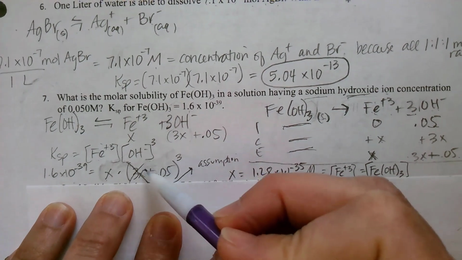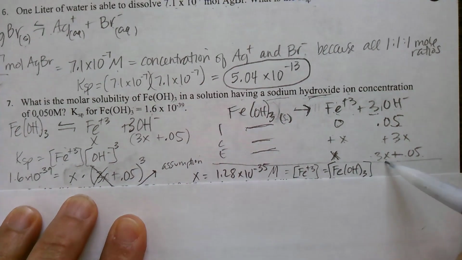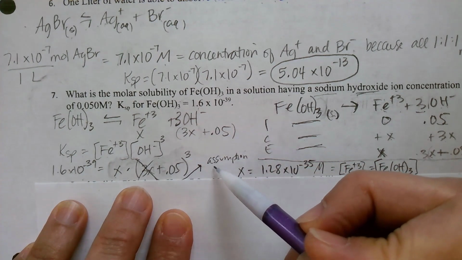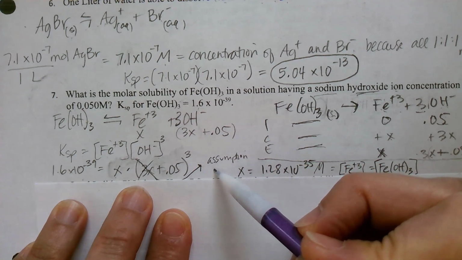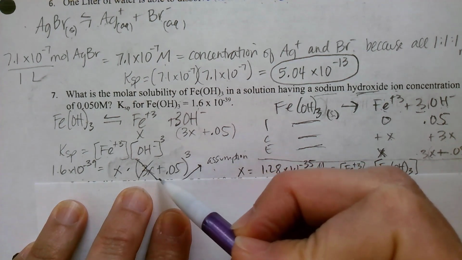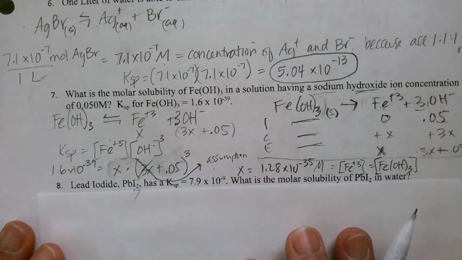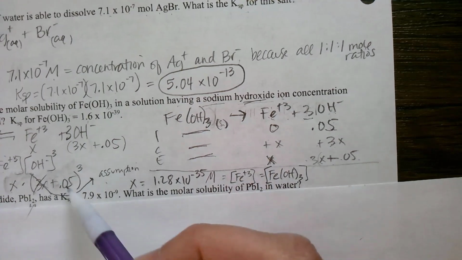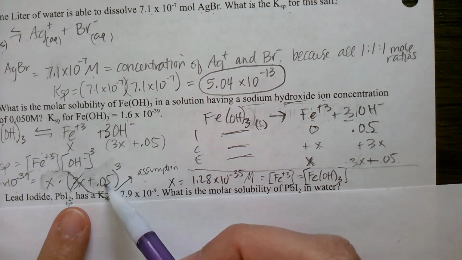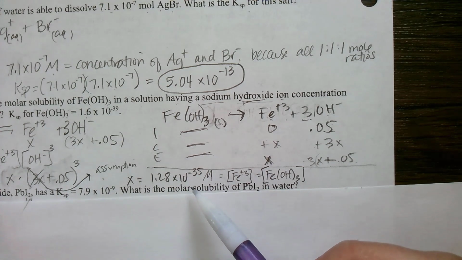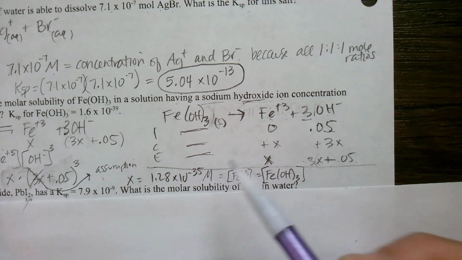Now remember that X value here, we can make the assumption that it's so small it's not going to impact that number at all. So we can just pretend like that doesn't exist and do 0.05 cubed times X to equal 1.6 times 10 to the negative 35.